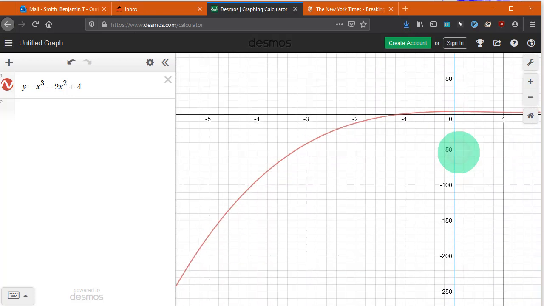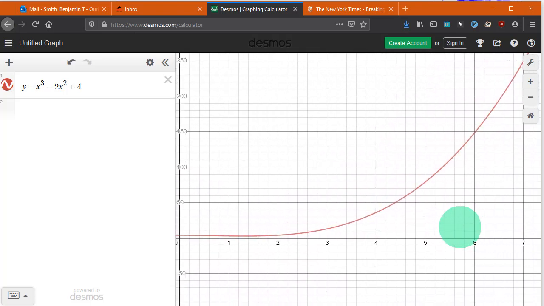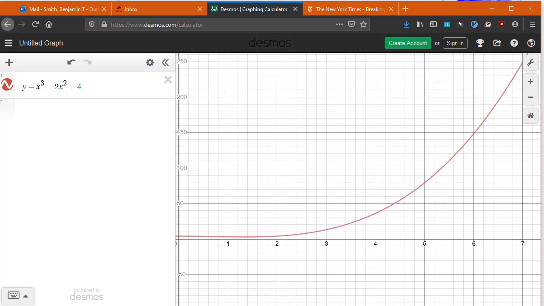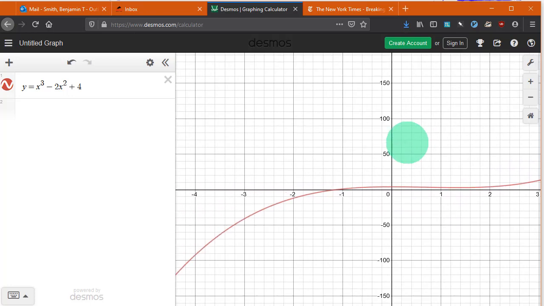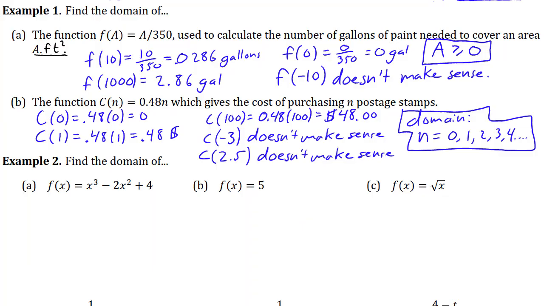Maybe zoom out a bit in this direction. And then you can see that any value of x is eventually going to give you a value of y. It might be really big, but so this has domain all real numbers. And that's what that looks like on the graph. Every value of x has something.